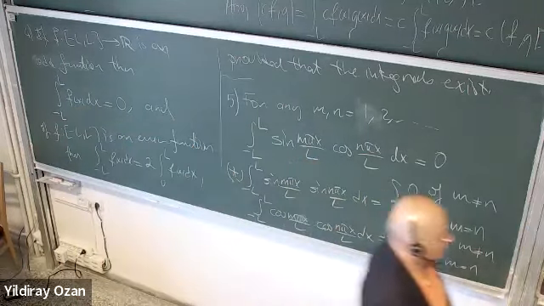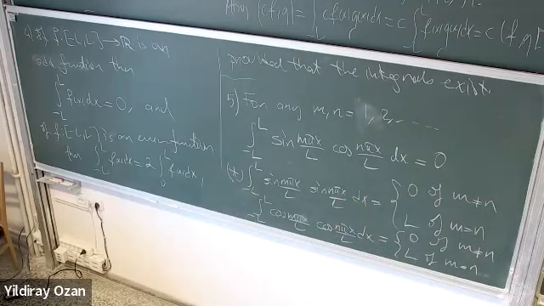Yani isterseniz onu hatta şöyle yazayım. Bu küme nedir? Bu küme şu. Sıfırı yazmayalım. 1 var.